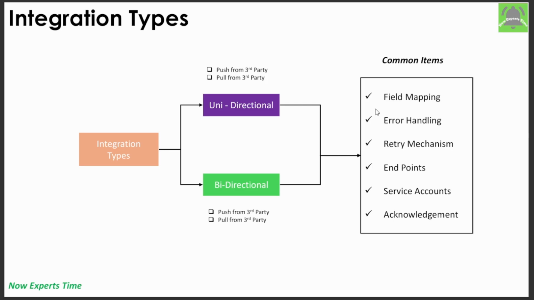Then immediately the error handling approach will trigger, create the auto incident and assign it to the appropriate team, and they will work on what the problem in the integration was. So if you are clear on these items, then you can handle your integration items very effectively.